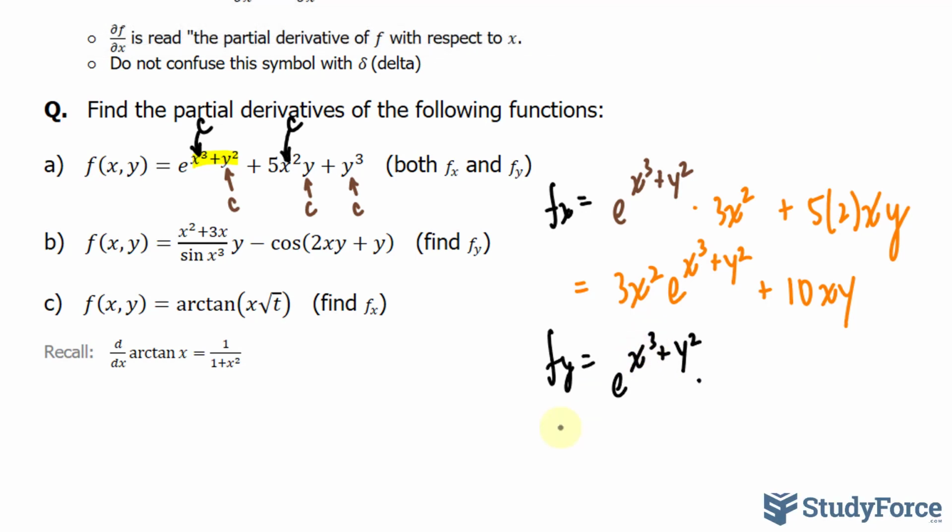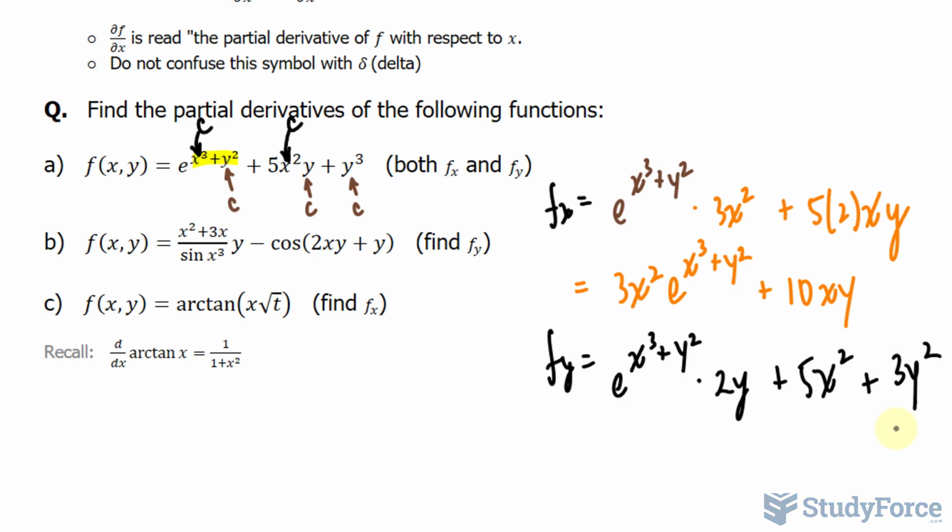X to the power of 3 becomes 0, and y to the power of 2 becomes 2 times y. Moving on to that, if we take the derivative, and if we think of 5 and x squared as constants, and y is our only variable, taking the derivative of y makes it 1. So this whole term becomes plus 5x squared. And this term becomes, if we use the power rule, 3y squared.